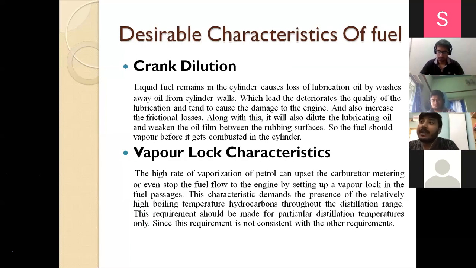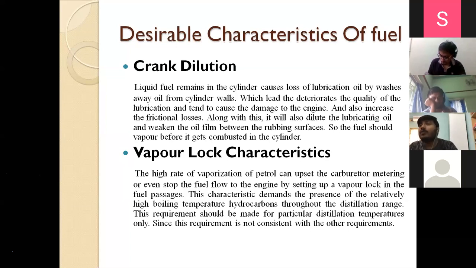So next is crankcase dilution that I was talking about earlier. The crankcase dilution is very much important. If the fuel vaporizes more and comes inside the cylinder, because it must come inside the cylinder to complete the cycle, the fuel will burn inside the cylinder and produce the necessary power to run the engine so that the vehicle can move.